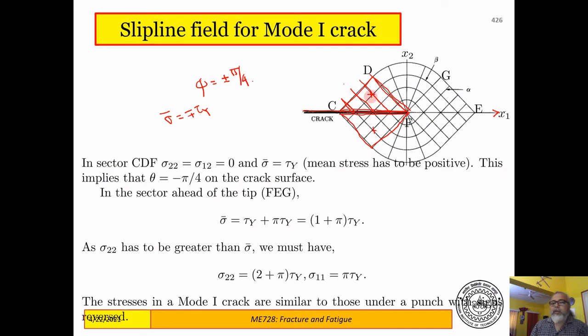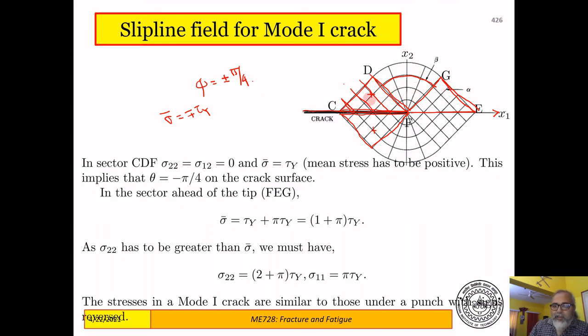Okay, now in front of the crack tip, in the region let's say FEG, you have another rigid region where the hydrostatic stresses are constant, and these two rigid regions are connected by a fan where the stresses are varying along the beta direction. So these are the beta lines, so stresses are varying in the beta direction.